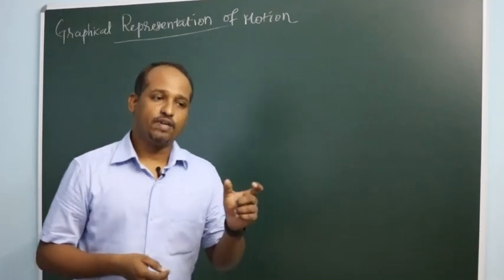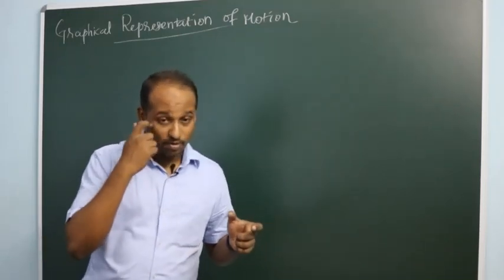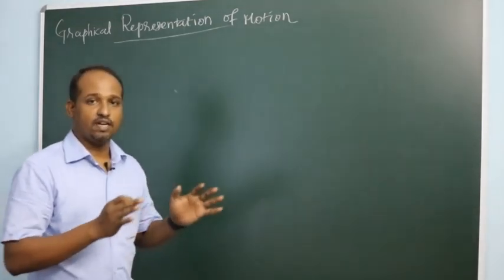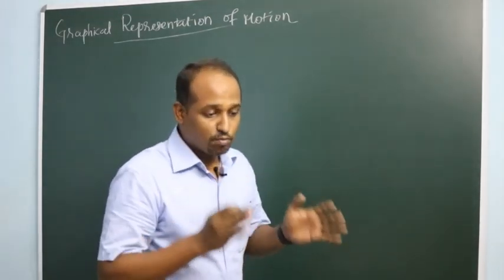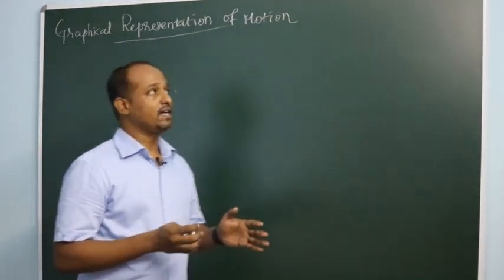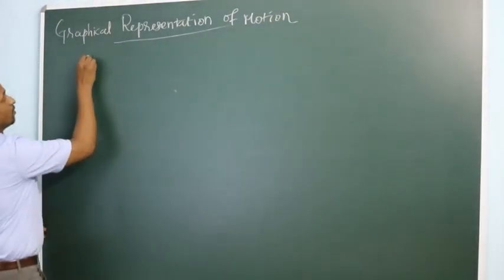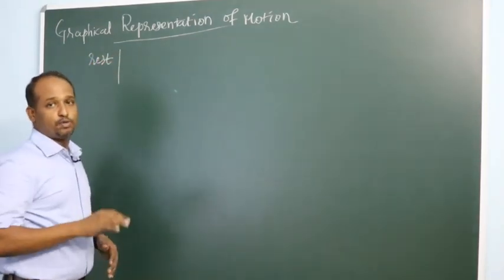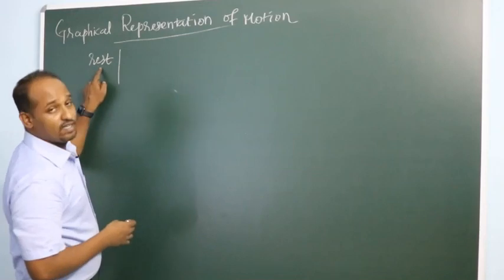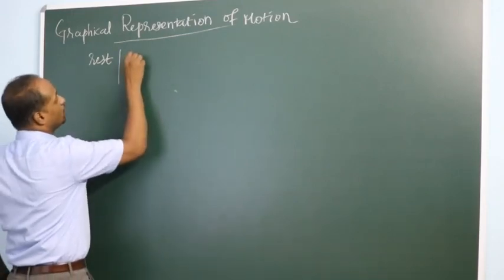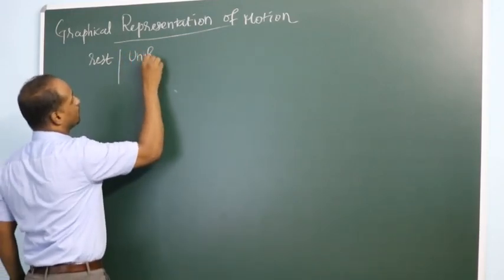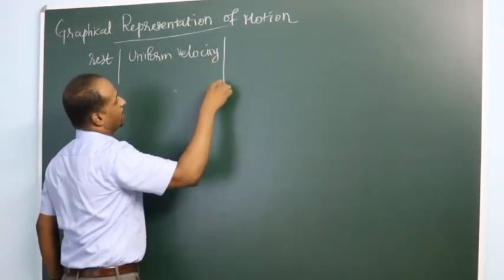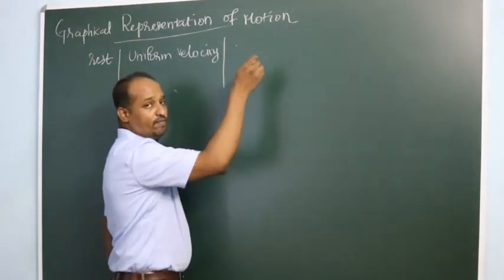Okay, so within our scope of the content, there are three types of motion you need to represent in a graph. One is rest. If you want to just talk about motion, you should know what is rest. The other one is uniform velocity, and the next one is non-uniform velocity.